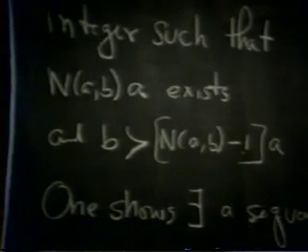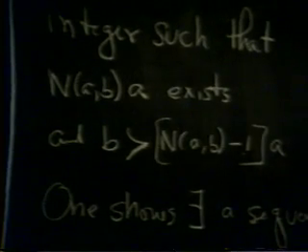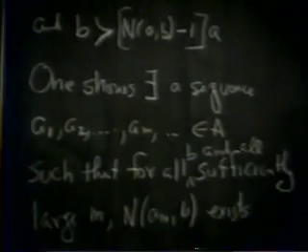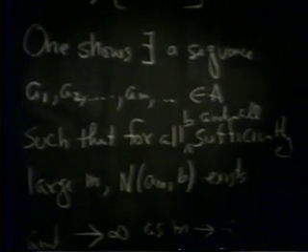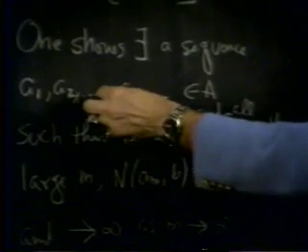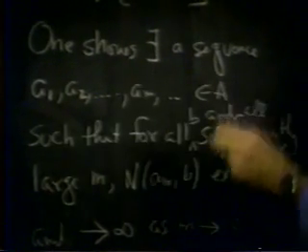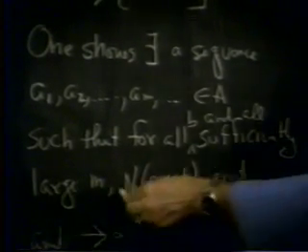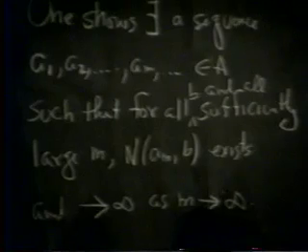Now, what one does is to establish the existence of a descending sequence of elements A1, A2, AM, such that for every element B in the structure, if one goes out far enough on that sequence, that is, if you go to sufficiently large M, you can find the existence of an integer n(AM, B).